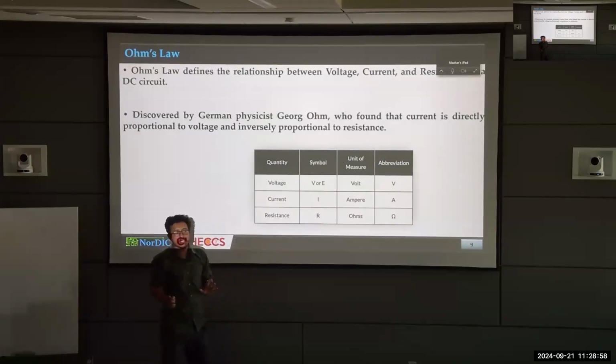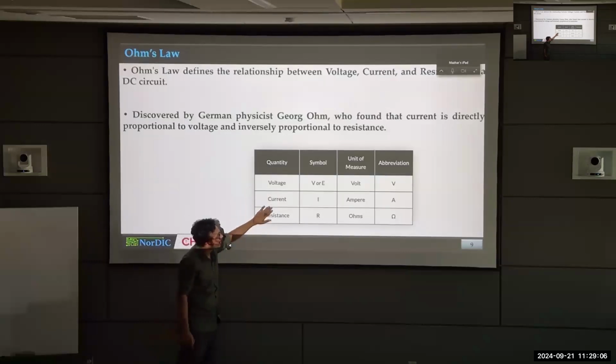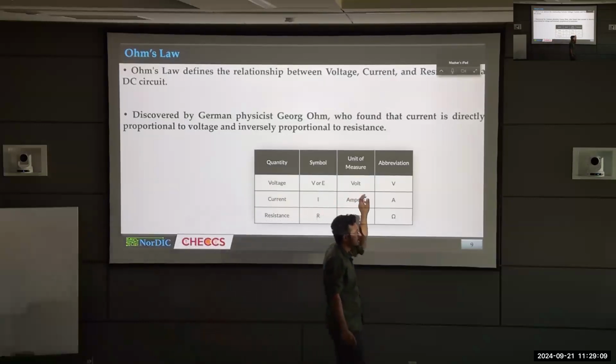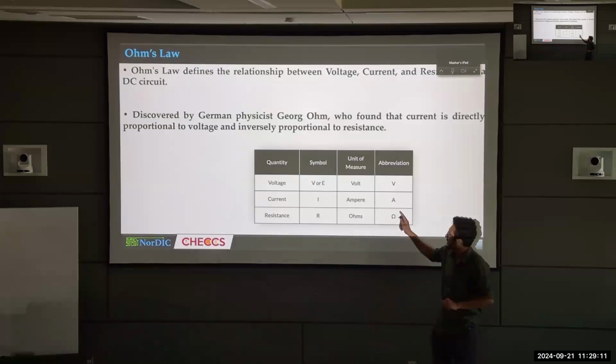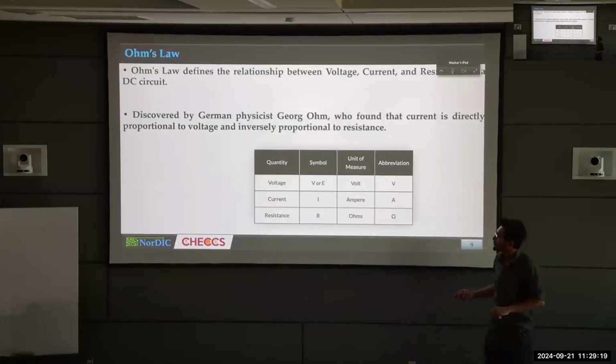Or not only basic electrical circuits, all circuits: voltage, current, and resistance. The unit of voltage is volt, the unit of current is ampere that I have discussed, and resistance is this Greek letter omega, which is pronounced as ohms.